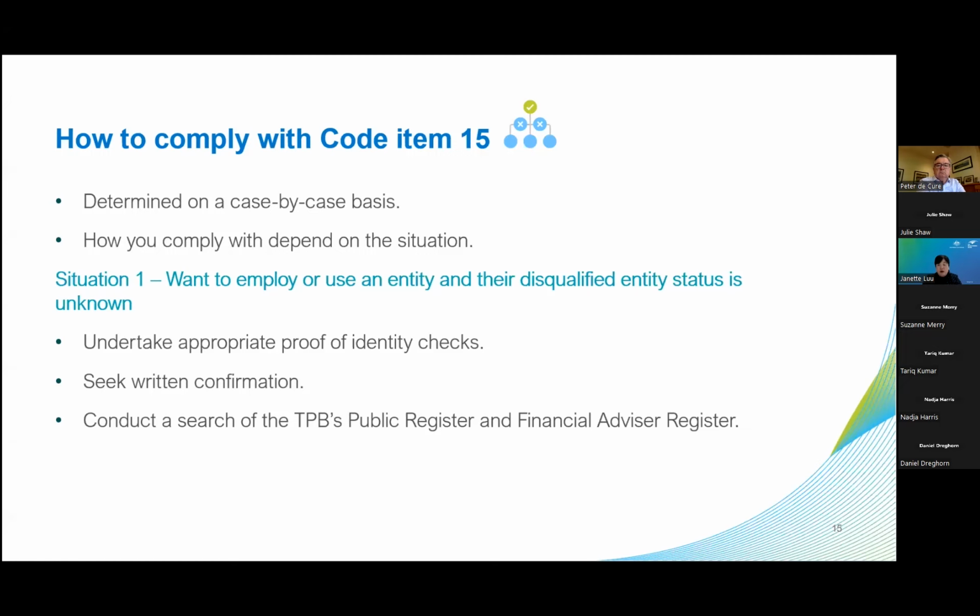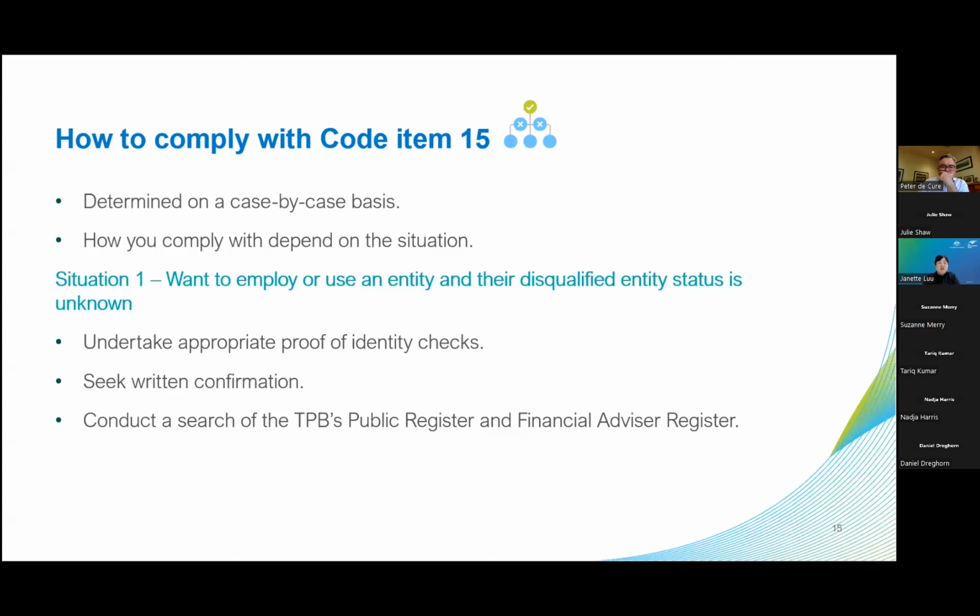And we also highly recommend that you conduct a search of our register as well as the financial advisor register. Not only will that demonstrate if someone's registered or not registered with us or ASIC, but it'll also show their previous sanction history, even if they're no longer registered with us. So there are some initial steps that you need to take to comply with Code Item 15, where you're looking at engaging someone and you're unsure of their status.